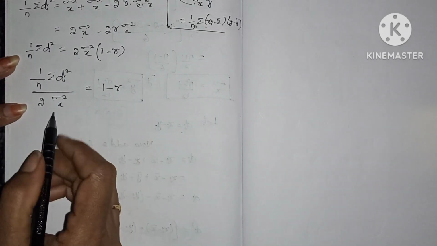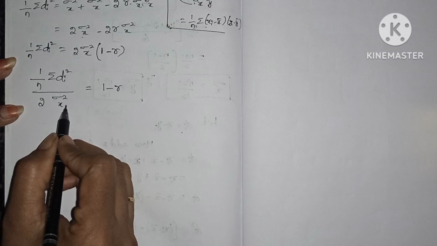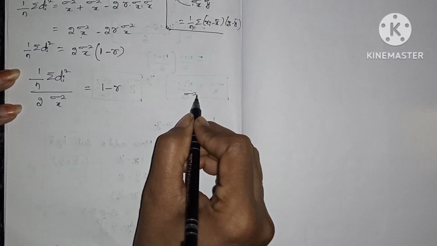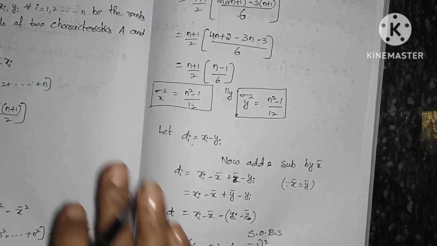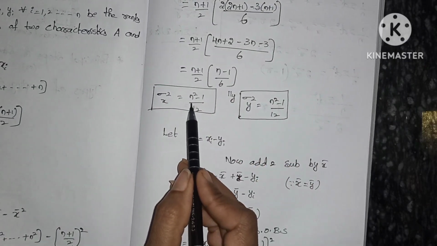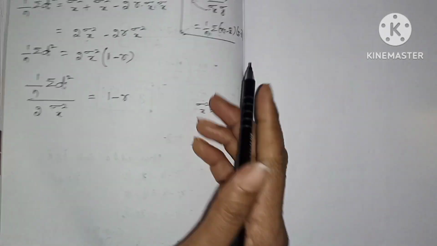Okay, so we all know the value of sigma square x is n square minus 1 by 12, isn't it?